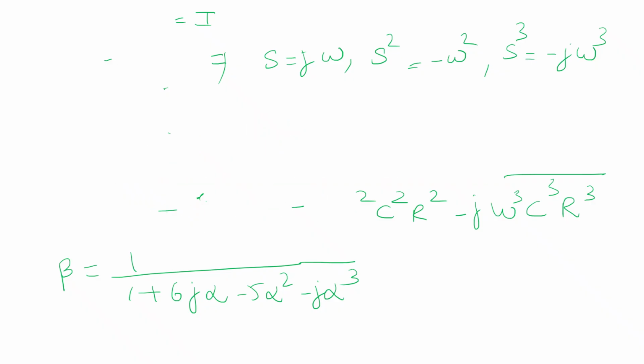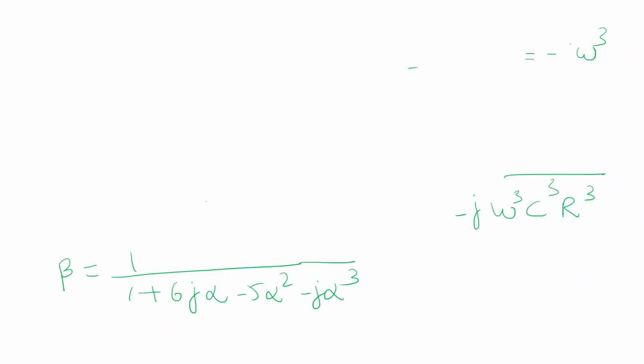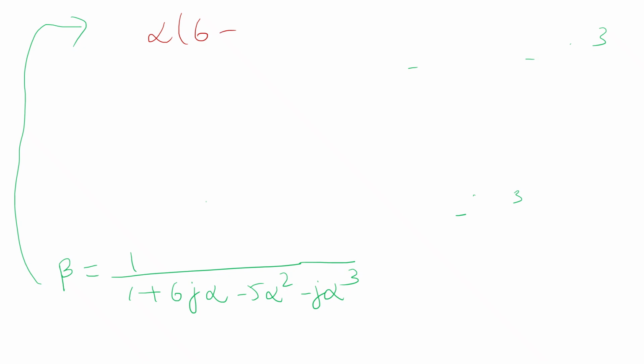So following this, we are towards the end of the analysis of the oscillator. Alpha into 6 minus alpha square is equal to 0.